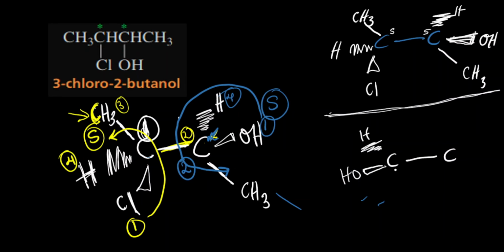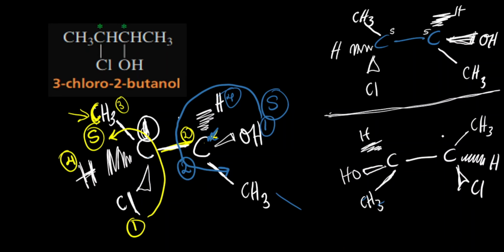Coming down here, we would have a methyl group, CH3. On this side, the left becomes the right, so we'd have methyl here, a dashed wedge with hydrogen, and a solid wedge with chlorine.